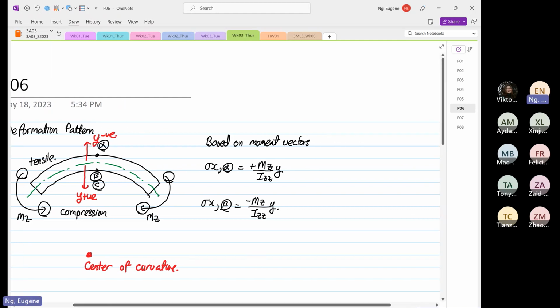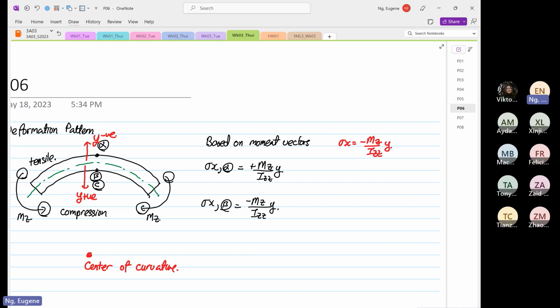And then when you want to apply the formula, is there a minus sign? I can't remember now. Then you check the book. Oh yeah, there's a minus sign. So Mz over Izz multiplied by y. So at point alpha, you know that y is negative.